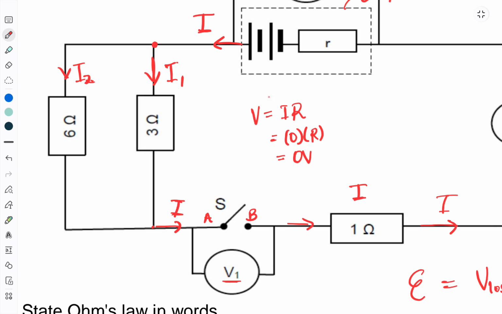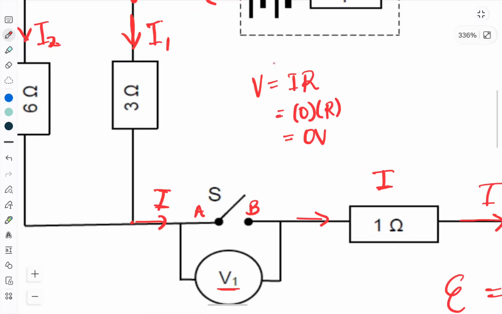As a result, the entire battery voltage will appear across the gap here. You'll have 0 here and 10 there, so the potential difference between A and B will simply be 10 volts.